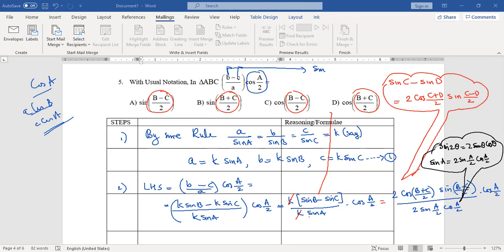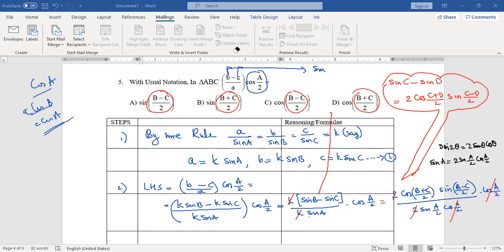I hope you understood this much. Yes, sir. Now cancel whatever is possible to cancel. 2 will get cancelled. Cos a by 2 will get cancelled. So what are you left with?